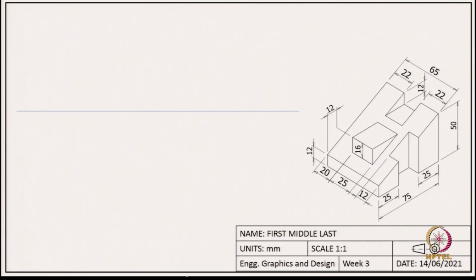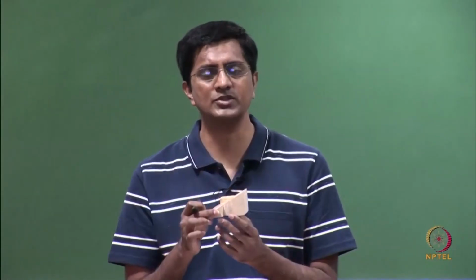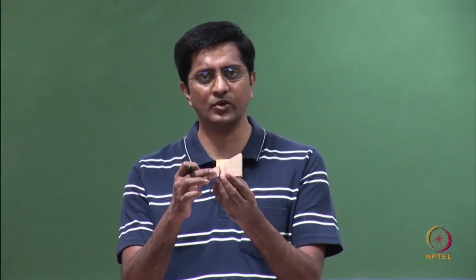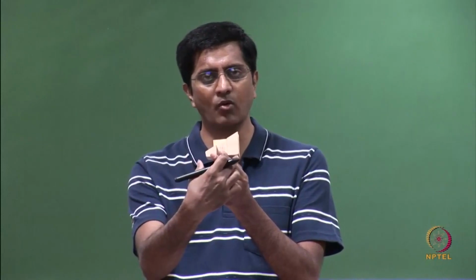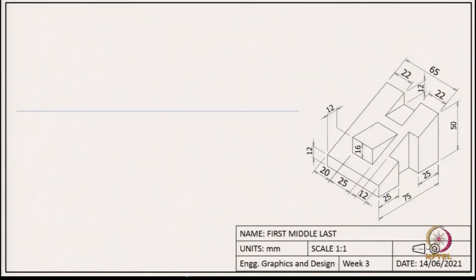Usually the first step in drawing is to capture the overall dimensions of the object. If you are looking at the front view, you need the overall width and overall height. Looking at this isometric view, you know that the width is 75 and the height is 50.